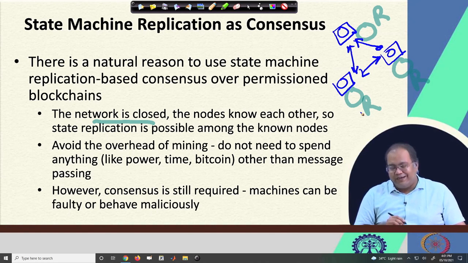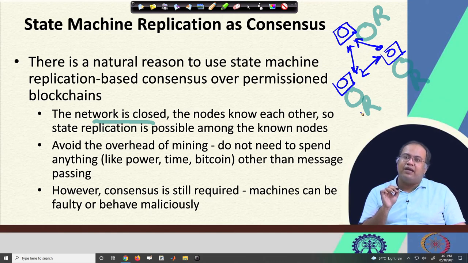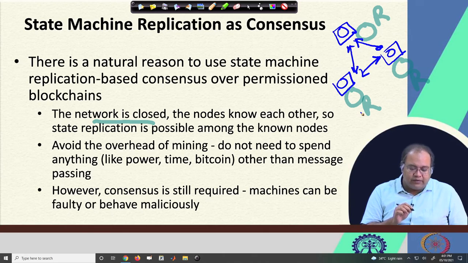So, with this idea, we can map the state machine replication problem as a problem for distributed consensus on permissioned blockchain architecture. So, this is one particular reason.